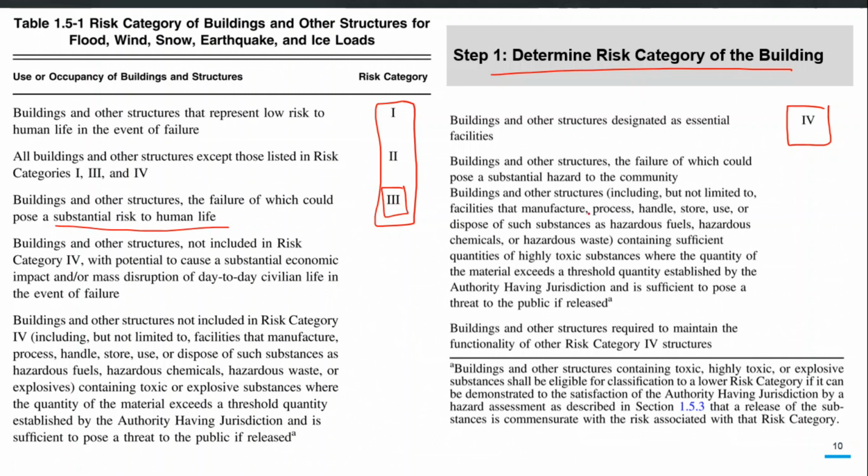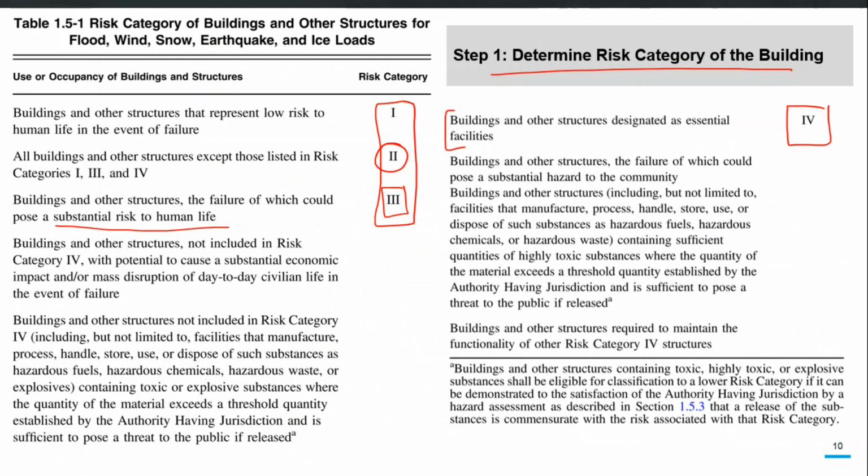And similarly, for essential facilities, for hospitals, for schools, for example, or some other important structures, you can assign risk category 4. If your building doesn't lie in 1, 3 or 4, you give a risk category of 2. So that's how, depending upon the intended occupancy of your structure, you assign a risk category to your structure.